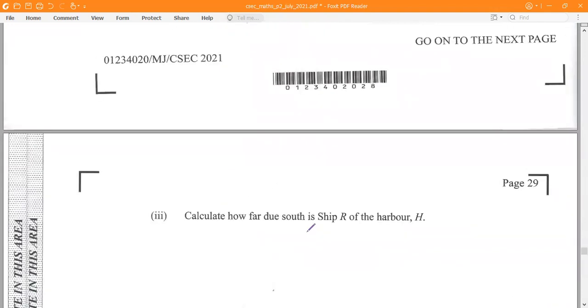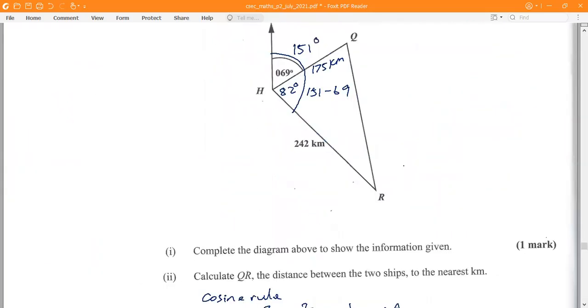Calculate how far due south is ship R of the harbor H. So to do this one, you have to draw a straight line going down here, and going across here, and that creates a right angle. So we want to find out this distance here.